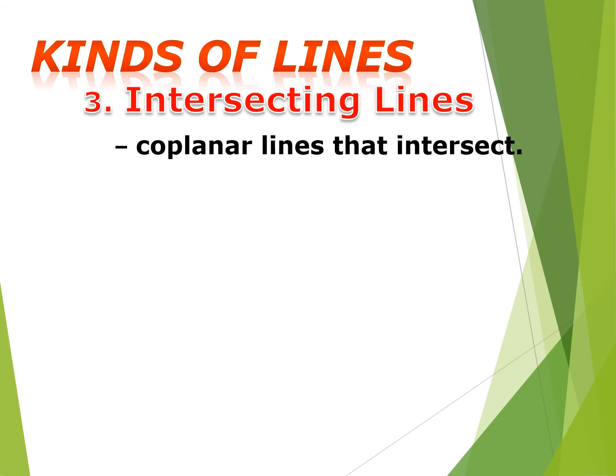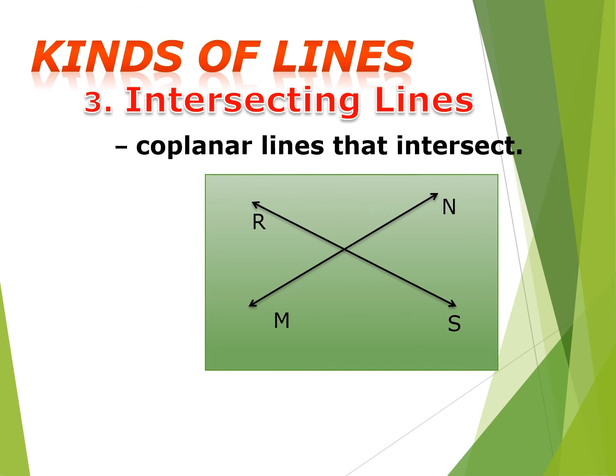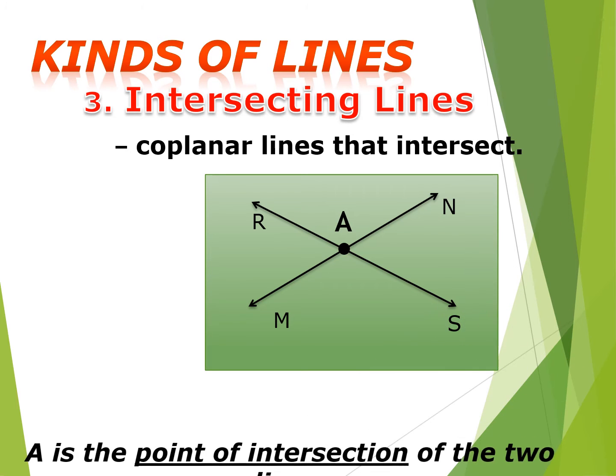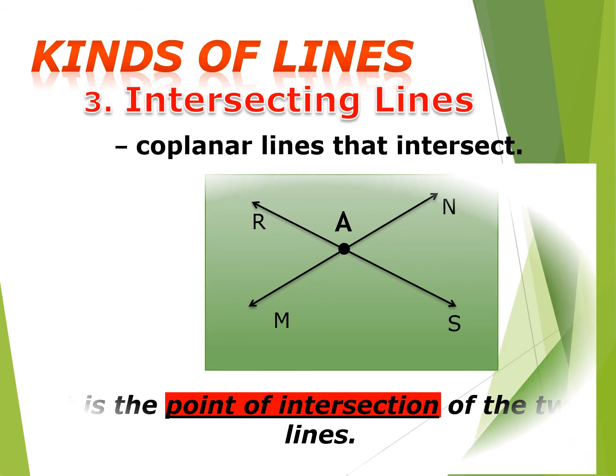Intersecting lines are coplanar lines that intersect. We have here coplanar lines that intersect, meaning there is a point of intersection between the two lines, and that is point A. So A is the point of intersection of the two lines, line RS and line MN.